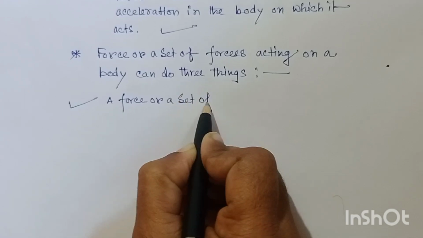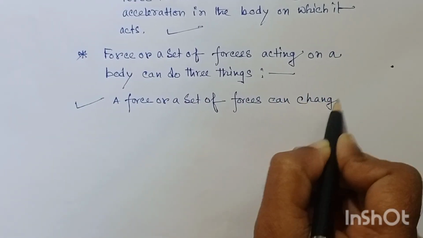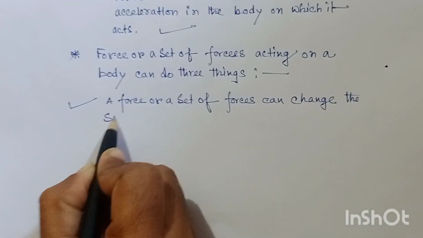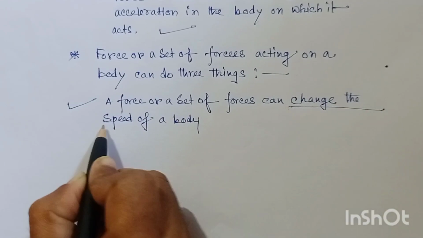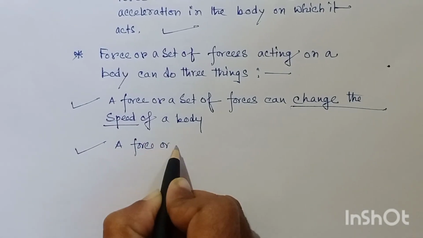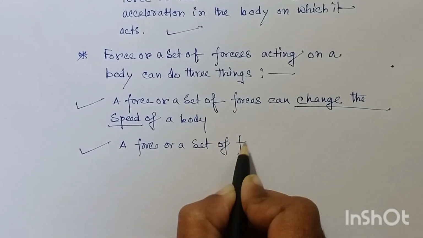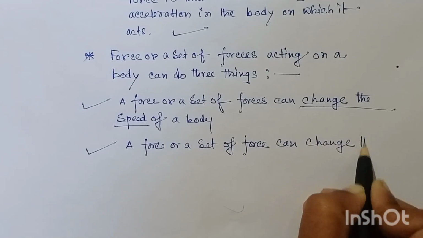We also squeeze a rubber ball by applying force to it, so it is seen that force can change the speed of a body. A force or a set of forces can change the direction of the body, and it can change the shape of the body.